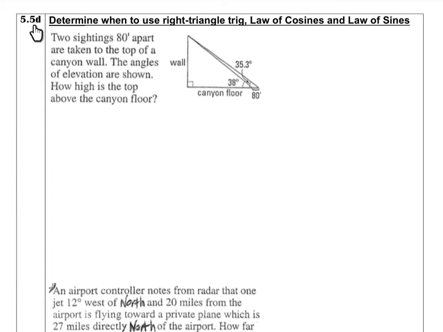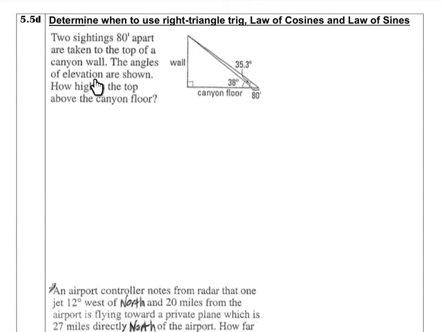The last two problems in 5.5d want us to determine when to use the right triangle trig, law of sines, and law of cosines. So let's just piece these problems together and figure them out. Here we have two sightings 80 feet apart taken to the top of a canyon wall. So someone is standing here and someone is standing here and they're looking at the wall.